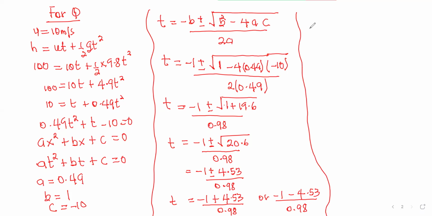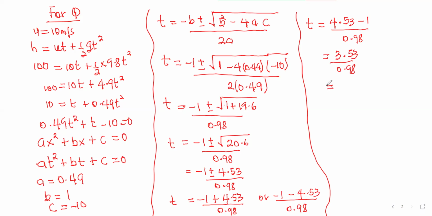So we use t is equal to 4.53 minus 1, all divided by 0.98. So subtract 1 from 4.53 and that will be 3.53. Divide 3.53 by 0.98.